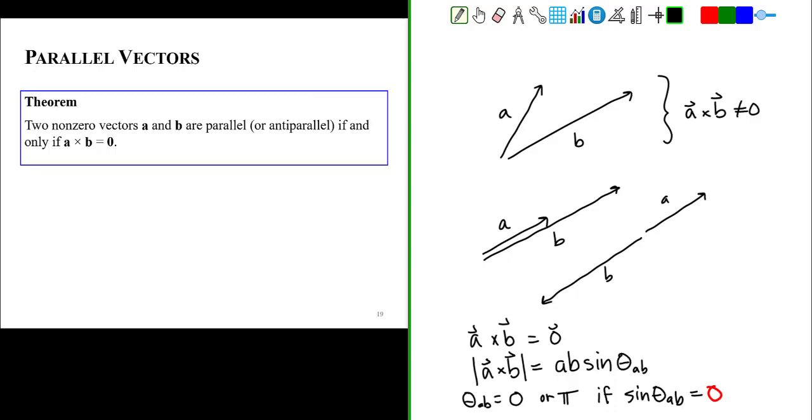Now, you know the sine is equal to zero in one of two conditions. The two conditions are what we just wrote. If the angle is zero, and in this case, the angle between those two vectors, A and B, is zero, or the angle between the two vectors is equal to 180 degrees, or pi.